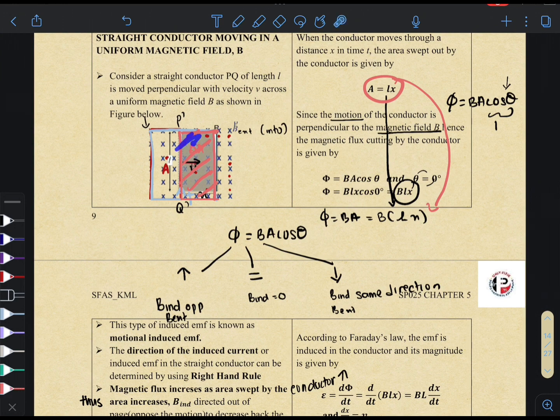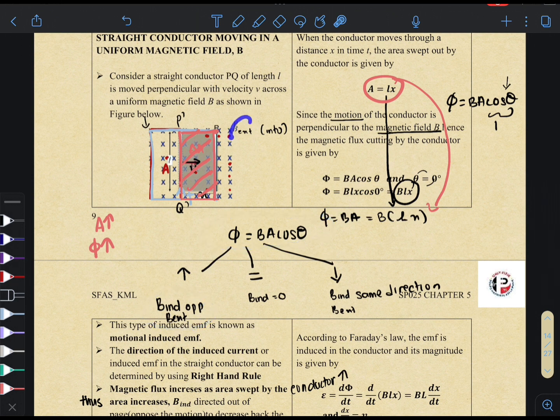So, area yang kita cover ini is your delta A. Okay, so as you can see, your area increase. Area initial hanya bahagian sini saja. Area final adalah dari sini sampai ke sini, this whole area. So your area increase. Bila area increase, what is going to happen adalah your flux going to increase according to this equation.